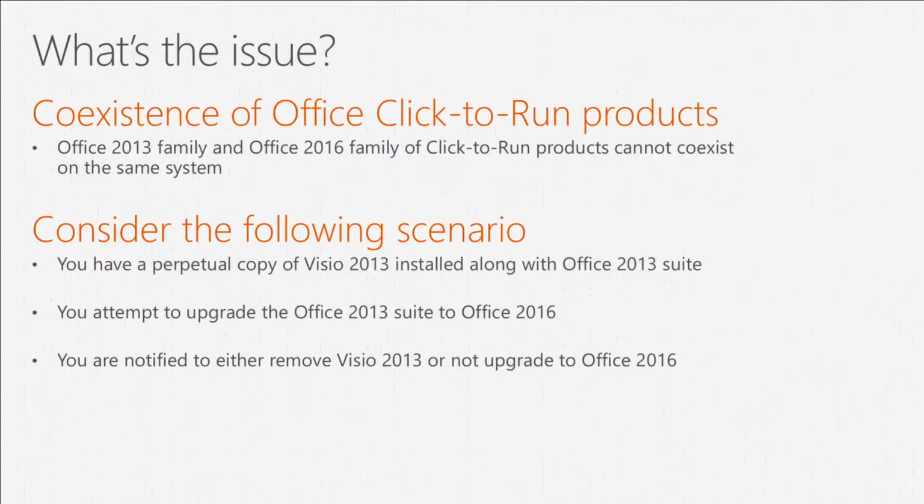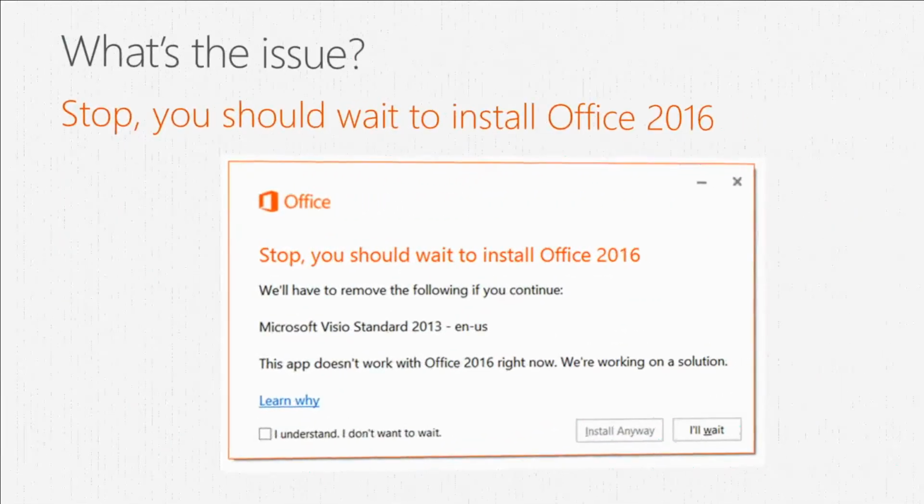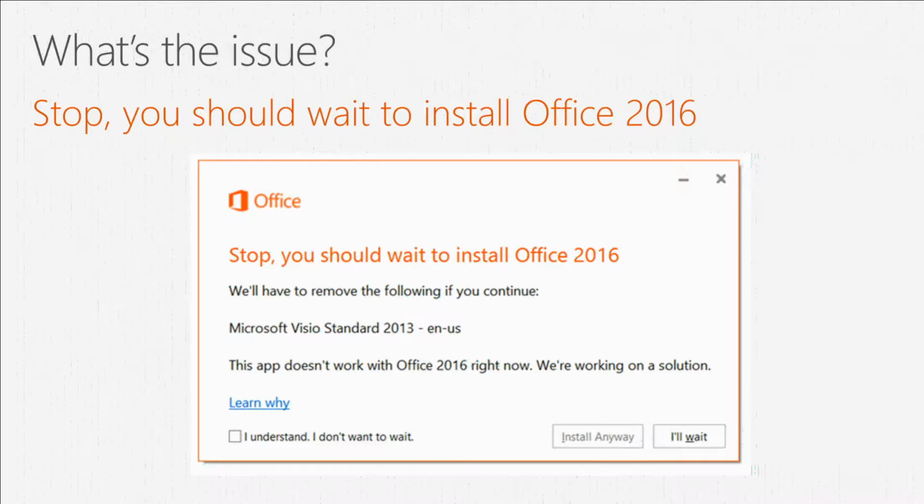The reason is that you can't have coexistence. Of course, if you remove the product and install 2016, you can't install the 2013 product again because, again, they cannot coexist.